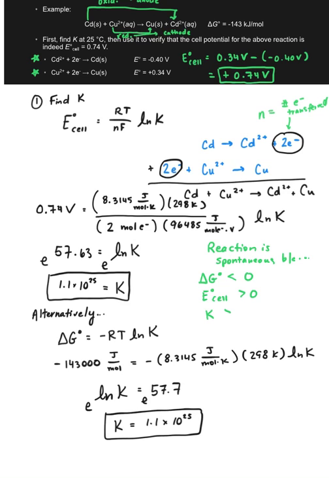Because our equilibrium constant is much, much greater than 1. All of these things we've learned as a culmination of this semester are indicative of spontaneity. Gibbs energy less than 0, standard cell potential greater than 0, equilibrium constant greater than 1. All suggest that this reaction will proceed towards products.